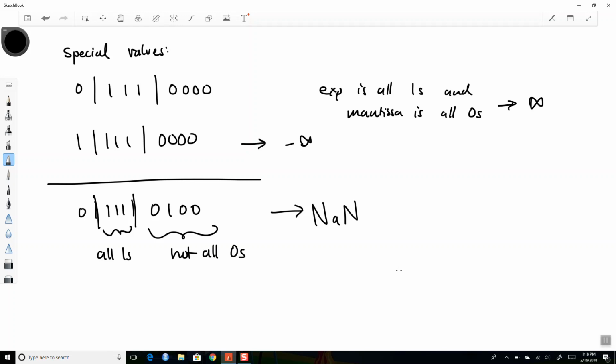Okay, so not a number is type double. It's basically a floating point number. Okay, not a number is a floating point number to represent quantities that can't be defined.